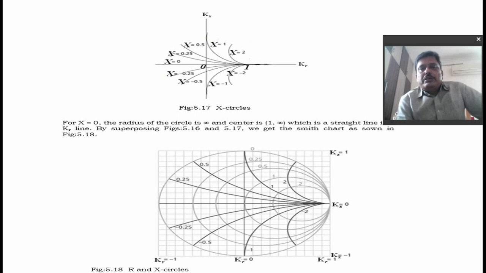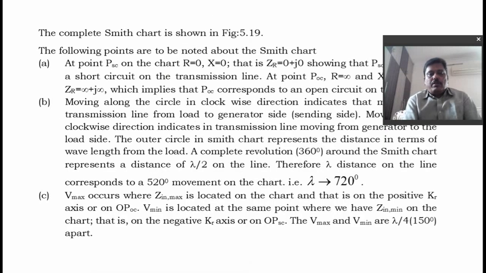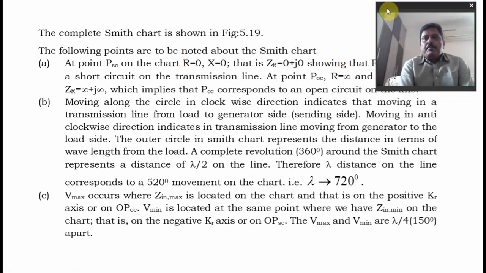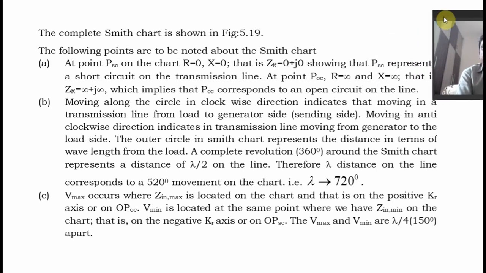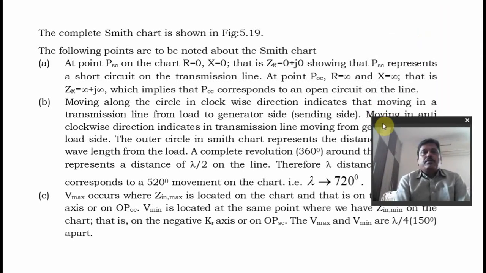By superimposing the above two sets of circles, we get the Smith chart as shown. The complete Smith chart. The following points are to be noted about the Smith chart.